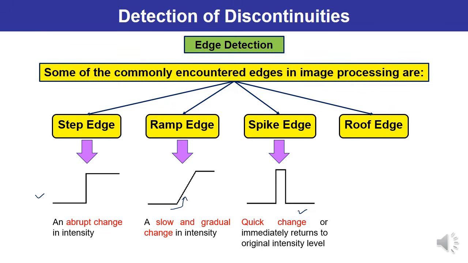It can be visualized in the case of edge detection. Fourth one is the roof edge. You used to plot a roof kind of pattern in drawing. This is the roof pattern, and a roof edge is not instantaneous, it occurs over a short duration. So this is how a roof edge can be characterized and understood.